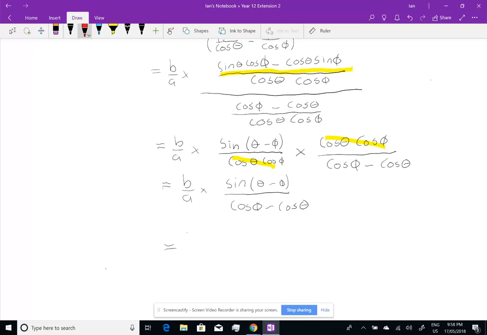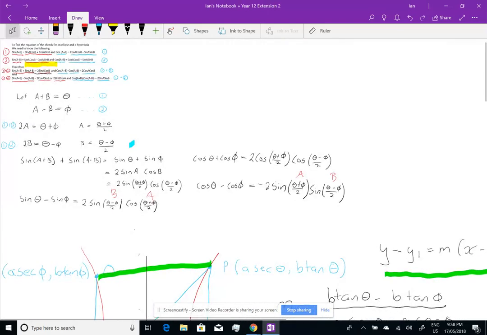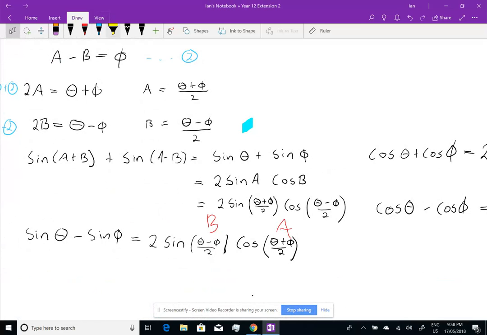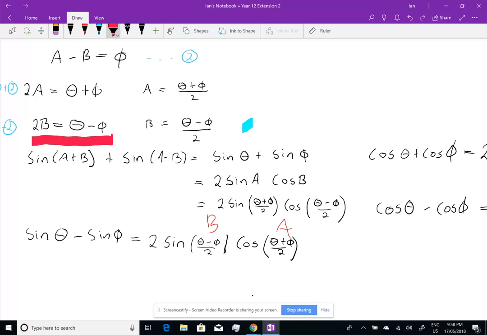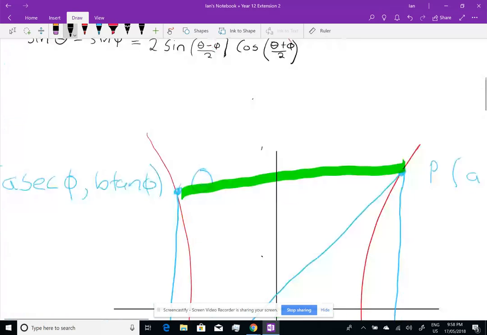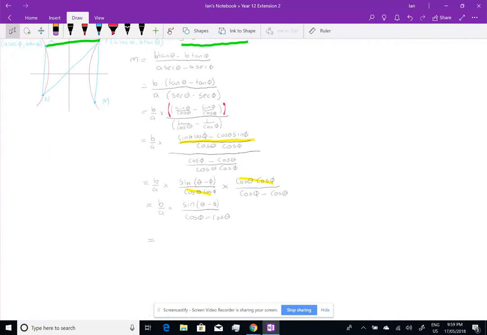Well, we need to go back here because that theta minus phi looks like something I need to use. So if I go back here, and if I see theta minus phi, you'll see that there it is. Theta minus phi is 2b. All right, excellent. So let's go back here. And let's write these things so we can keep them. 2b equals theta minus phi.